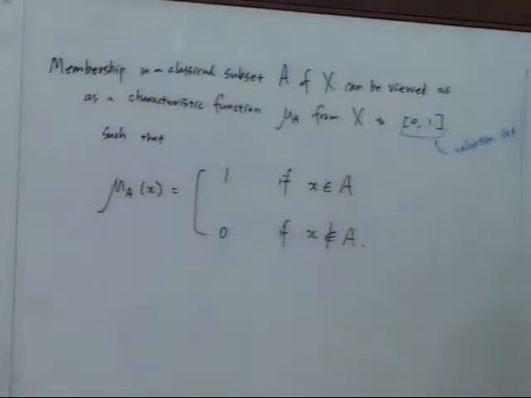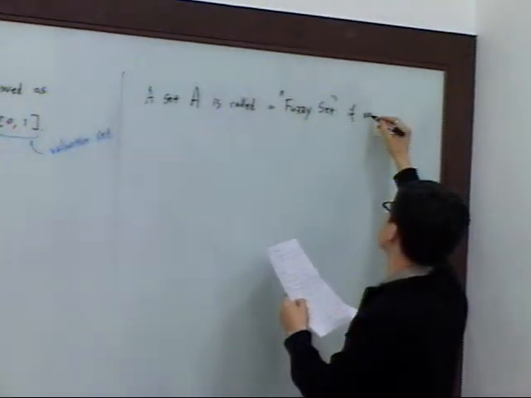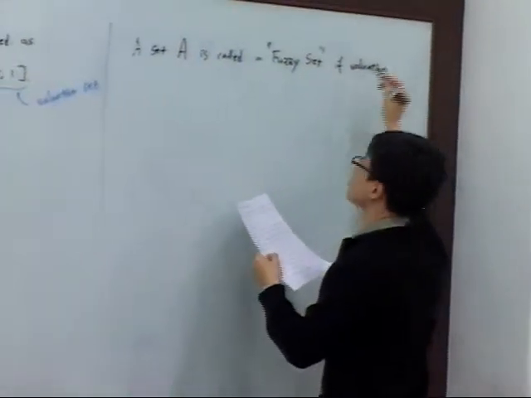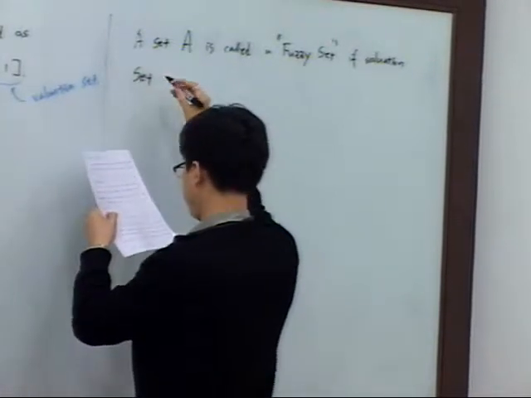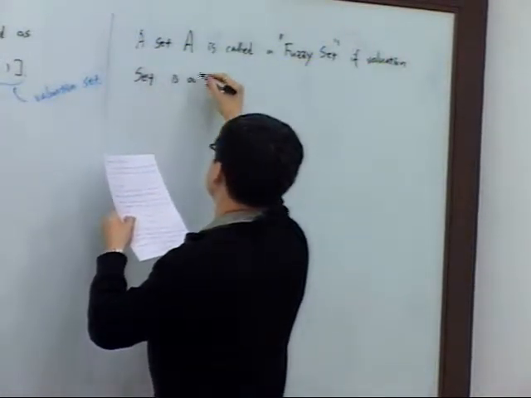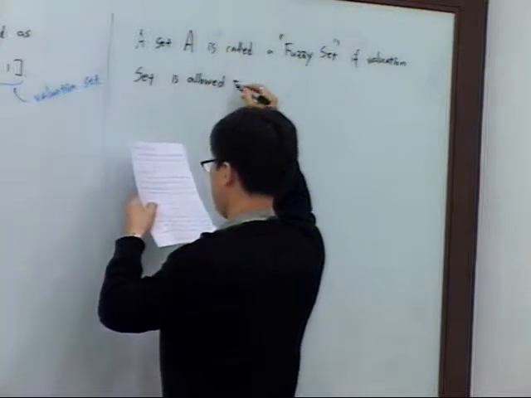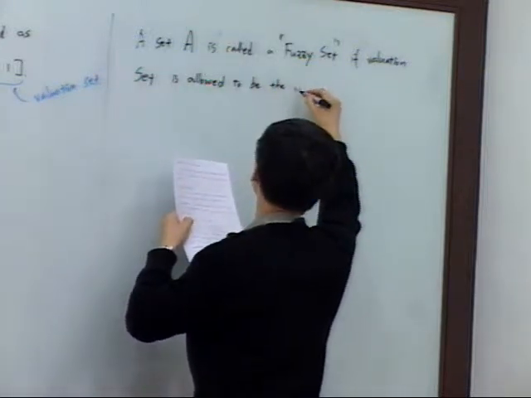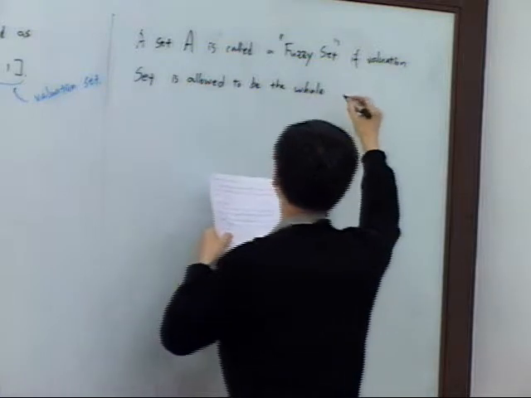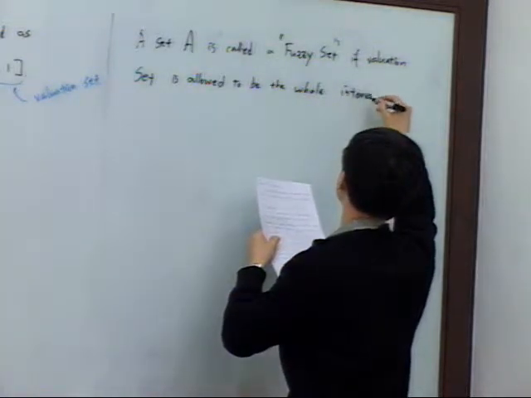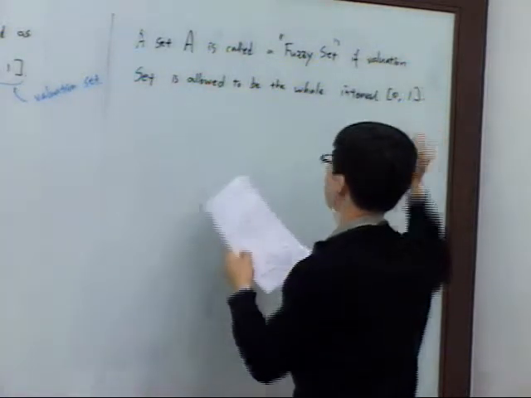Set A is called a fuzzy set if the valuation set is allowed to be the whole interval from 0 to 1.